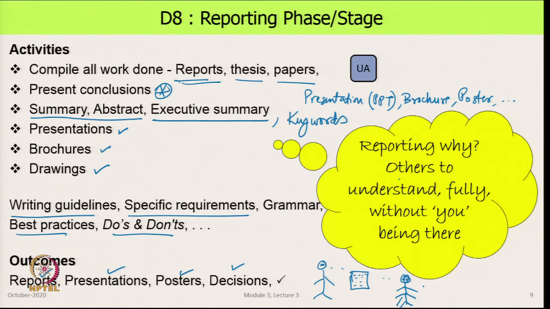The report must be self-standing, completely exhaustive, and would not require this person to call up this person and say, well, what does this thing mean? This should not happen. So, that is the central theme here.